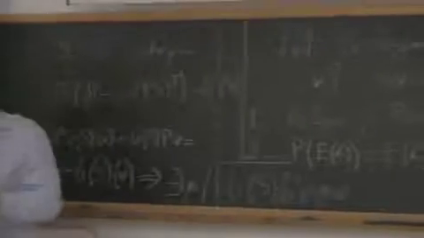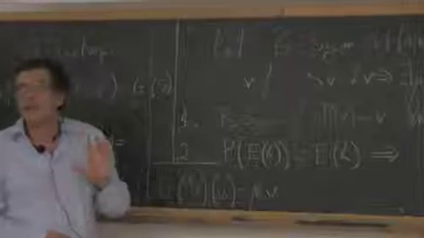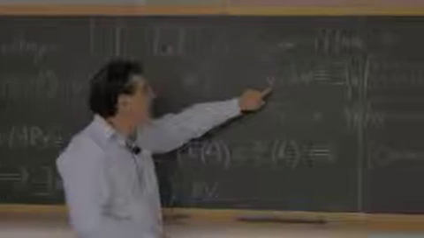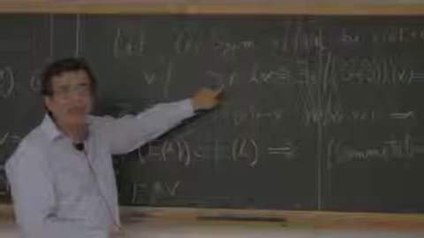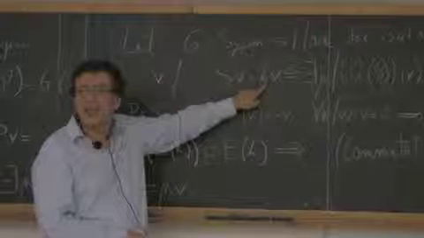Now, the statement I tell you is very easy to understand, even if it is not so easy to prove. Consider an eigenvector V of S relative to the eigenvalue lambda.